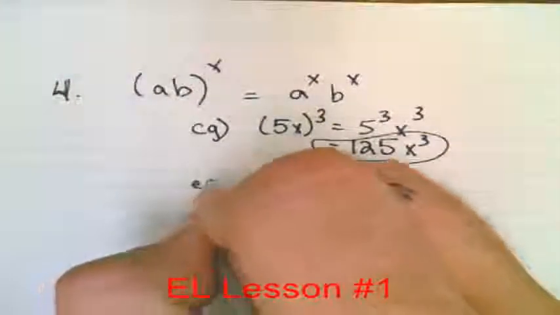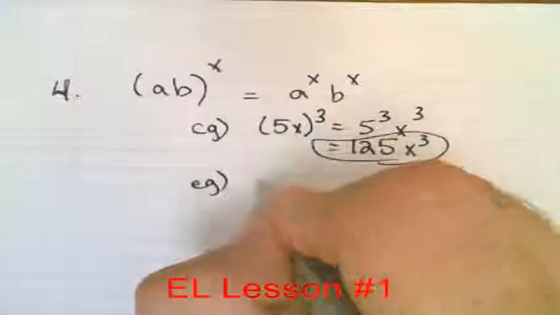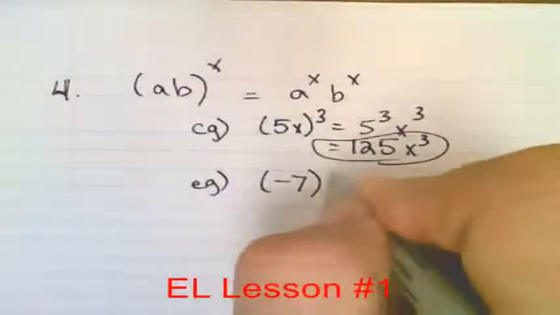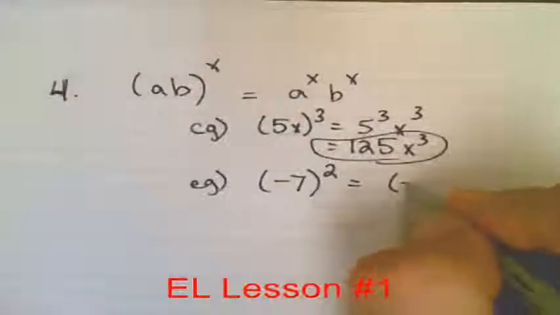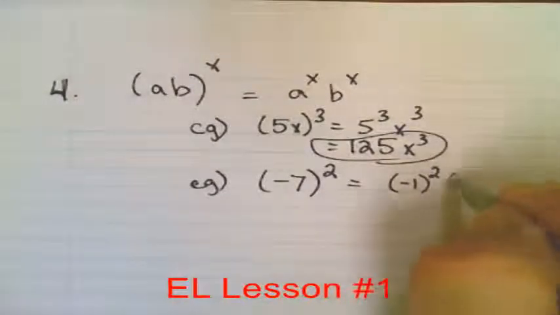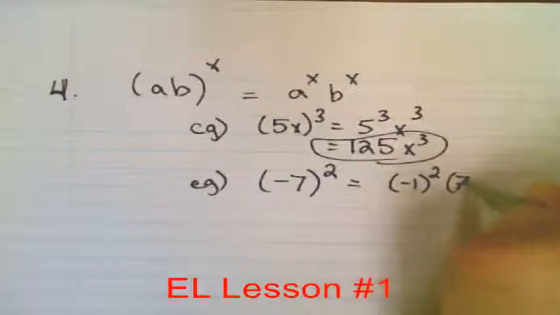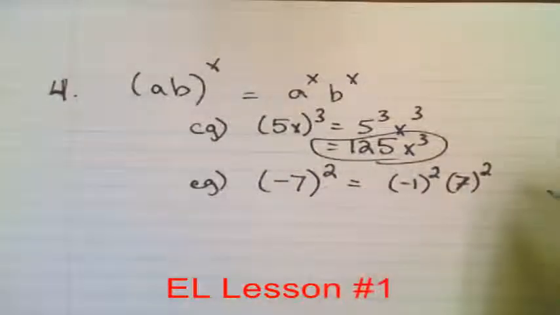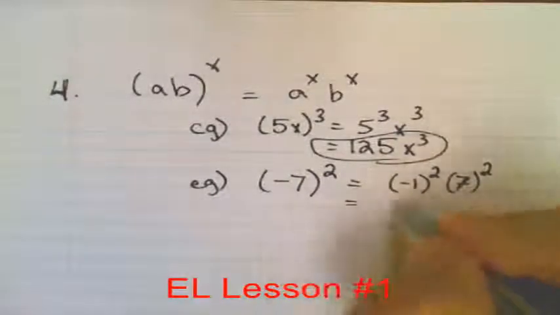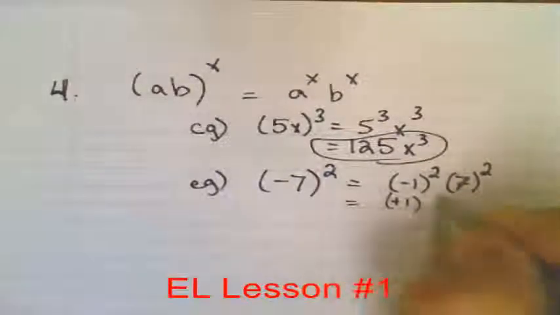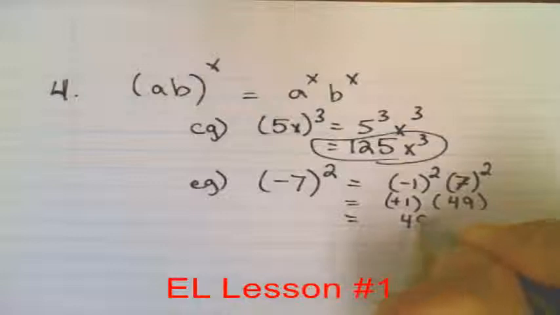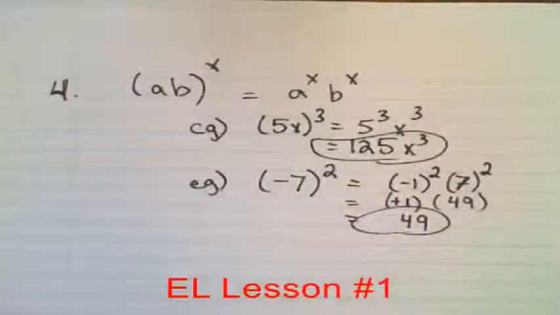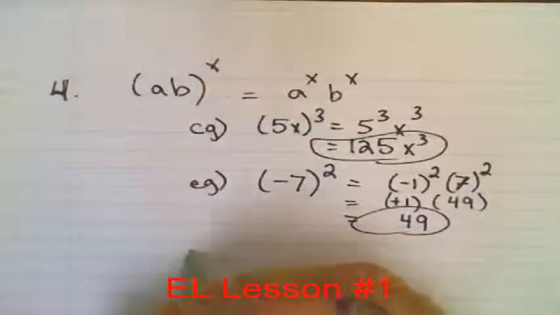It's one of the reasons why in the calculator things get confused. If you want to square -7, you have to put it in brackets. And what the calculator will do is very accurately go -1 squared times 7 squared. -1 squared is +1. 7 squared is 49, and it will give you +49, which is the correct answer.